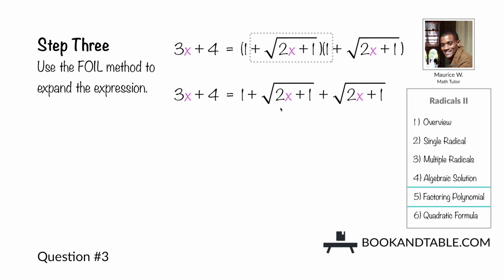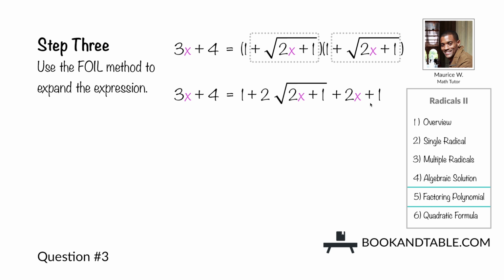We combine those together to get 2 times the square root of 2x plus 1. And then our last term of each binomial, when we multiply the square root of 2x plus 1 times itself, we are left with 2x plus 1. So now our first radical sign is completely removed.